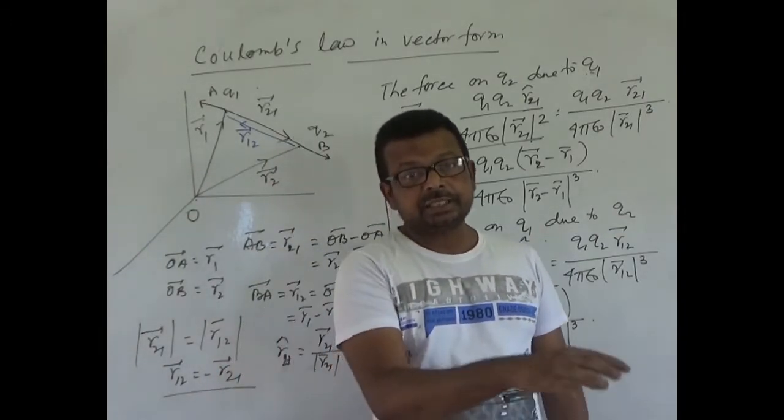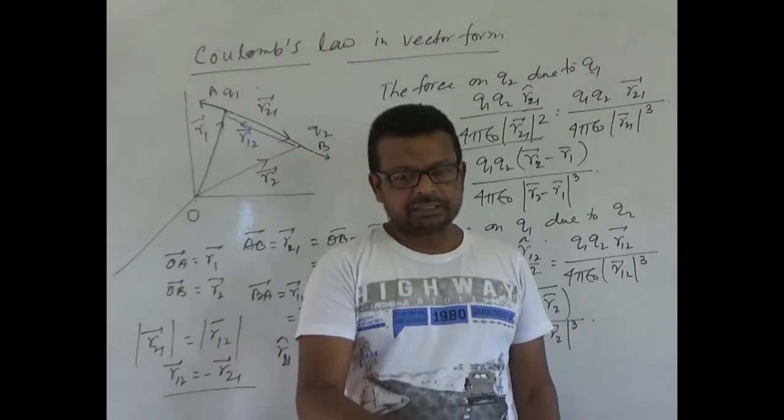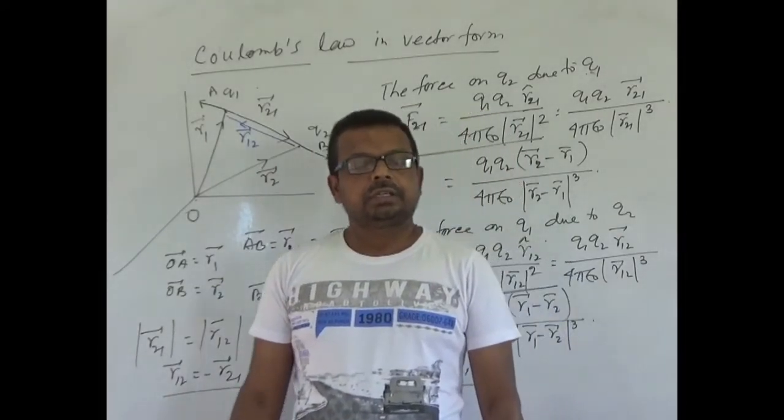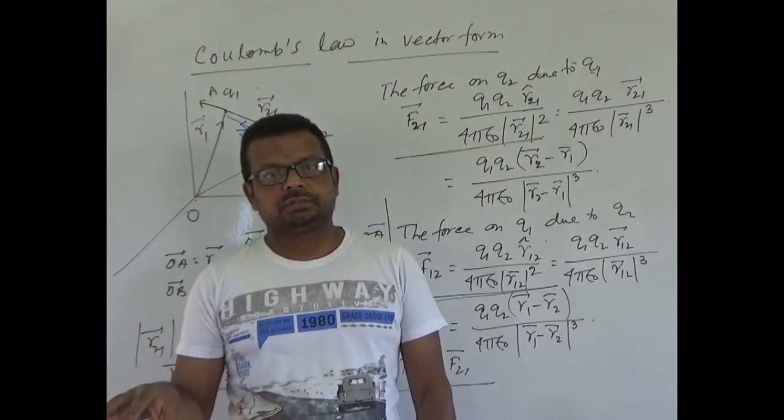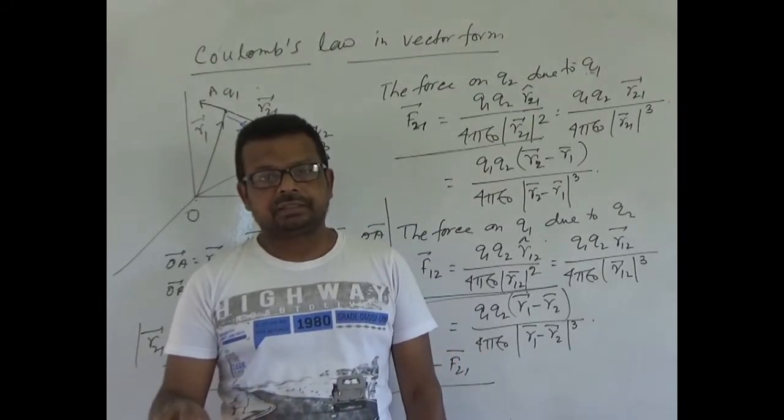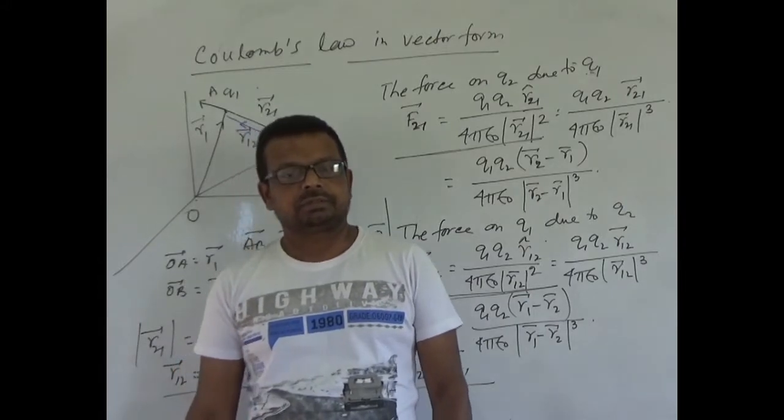If there is a charge, then there is a mass. If there is a mass, then there is a gravitational force. Clear? But gravitational force doesn't mean there is electrostatic force.